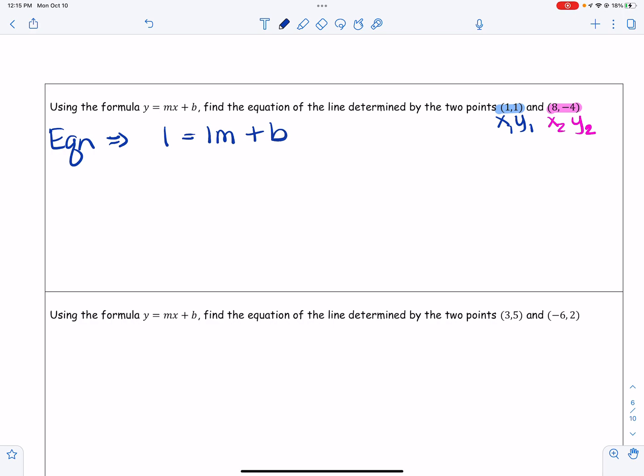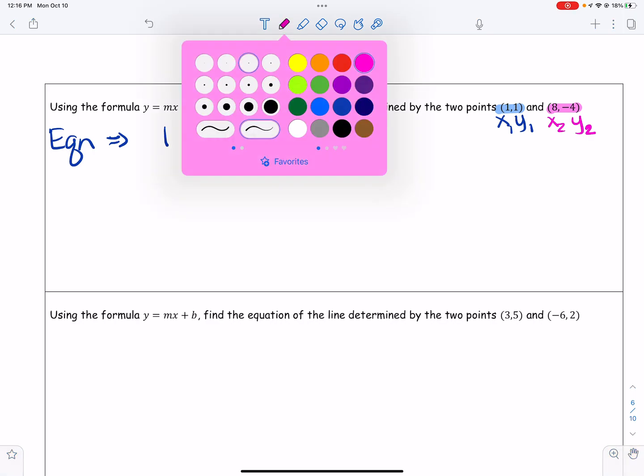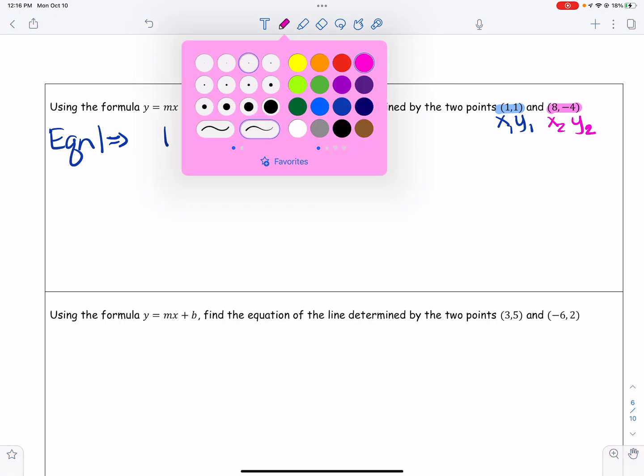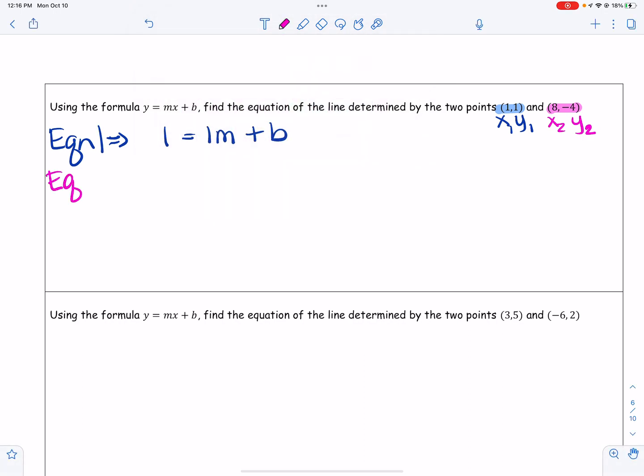So again, I've got an equation, I've got 2 unknowns. My unknowns are m and b. Then you're going to write your second equation. This is equation 1, and then equation 2 is going to be your y, which is -4, your x, which is 8, times m plus b.